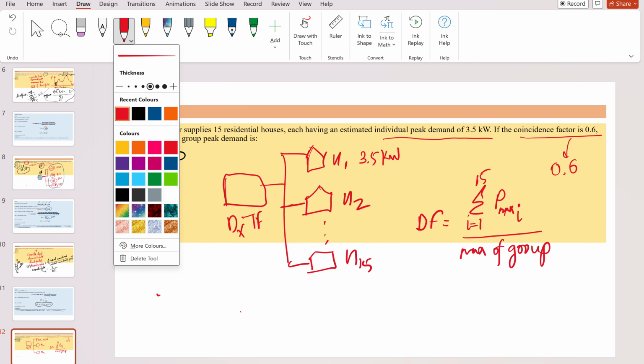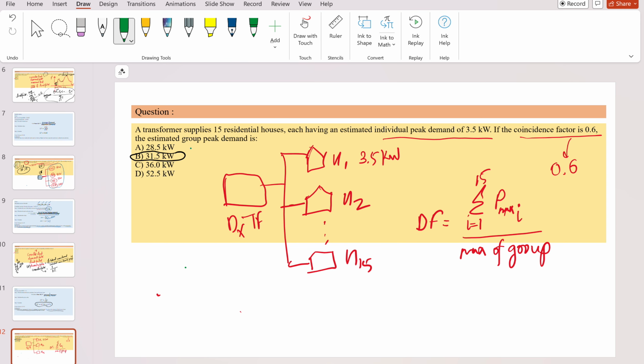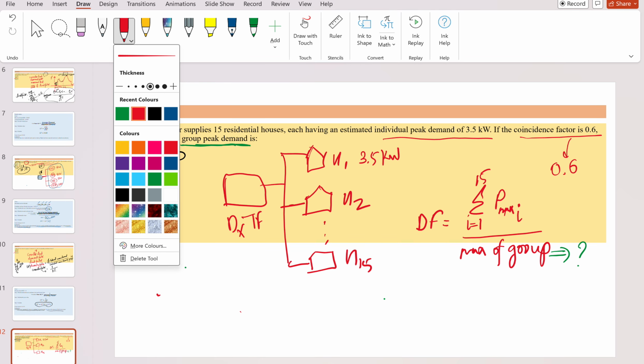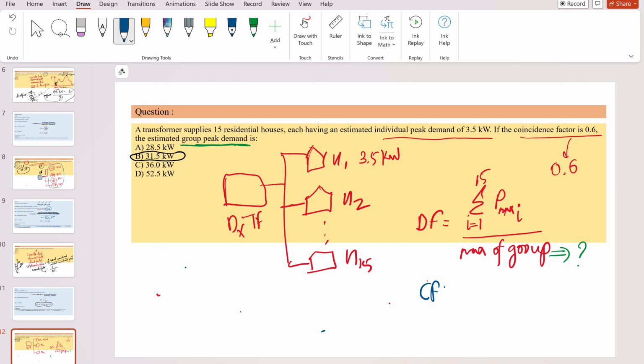The question is asking for the estimated group peak demand, which is what we have to find. But the coincidence factor is given, and we know it is the inverse of the diversity factor. So the diversity factor will be 1 divided by 0.6, which comes out to be 1.67, or you can write it as 5 by 3.